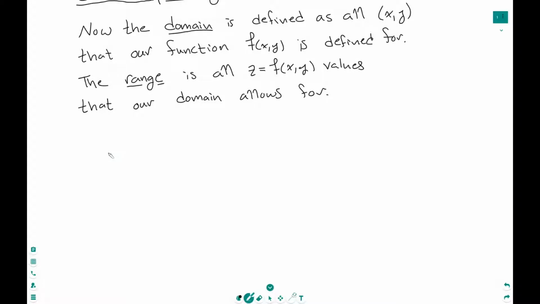Okay, so let's look at some examples. So we'll have a function column, a domain, and a range.